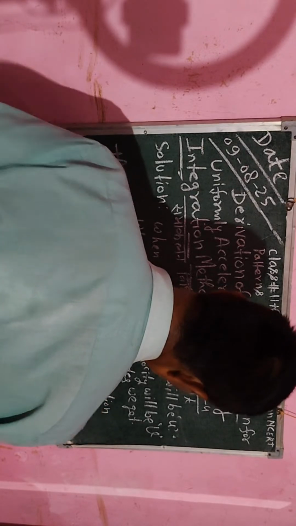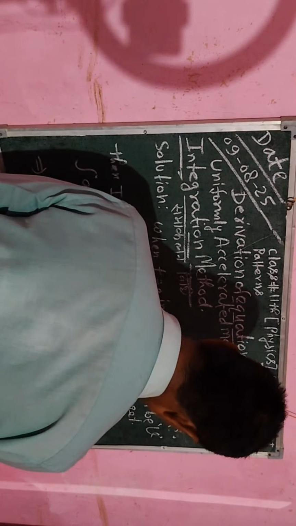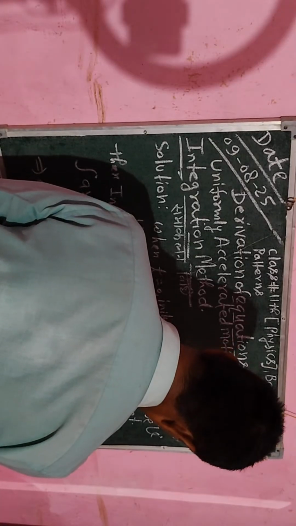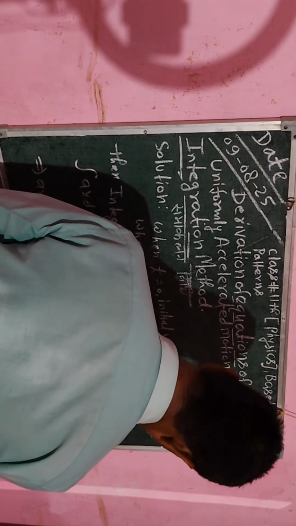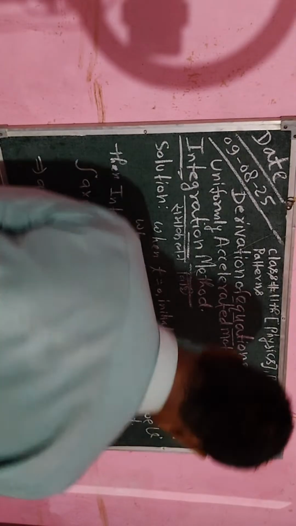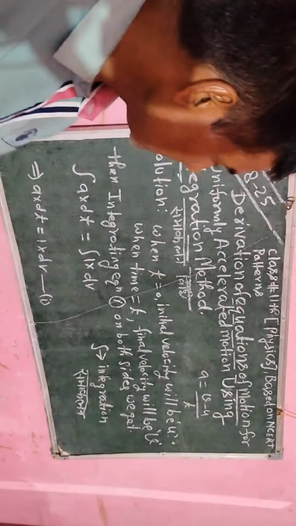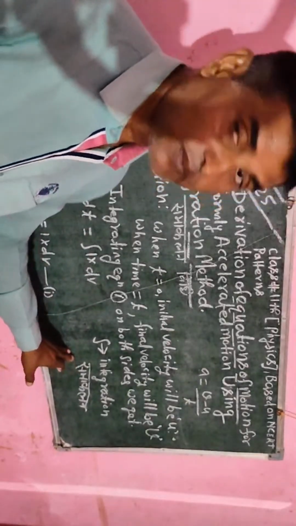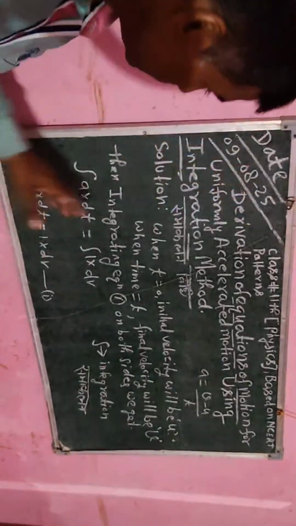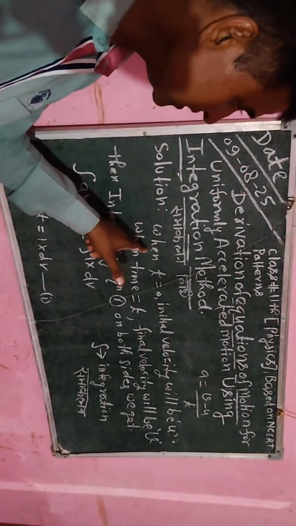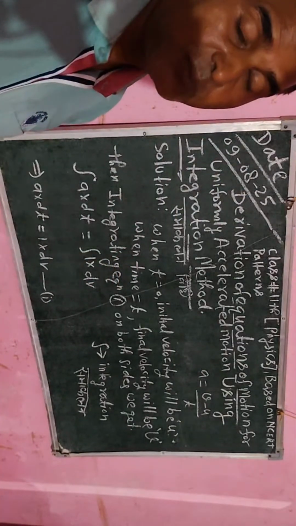Integration in Hindi is also called samakalan. So this is the symbol of integration, and its Hindi is samakalan. Okay students, I have written one statement, and that statement is important.